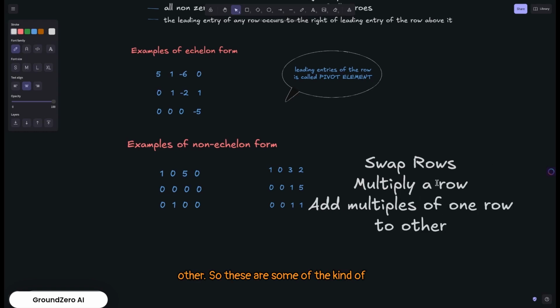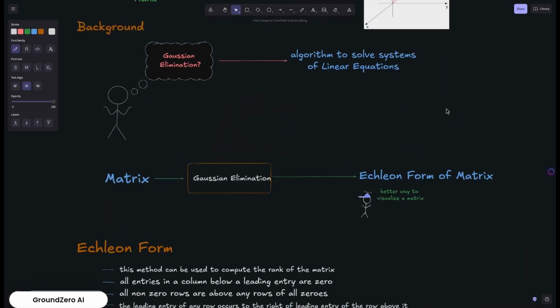These are the operations you can do to get to the Echelon form. And if you go to the geometric interpretation, as I said, if you have equations representing planes in some 3D space, you can see here.